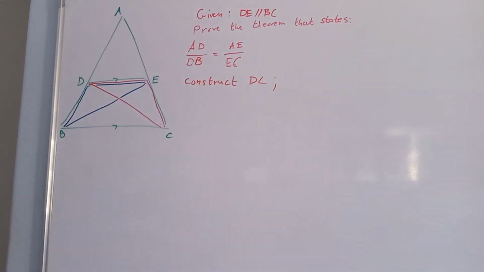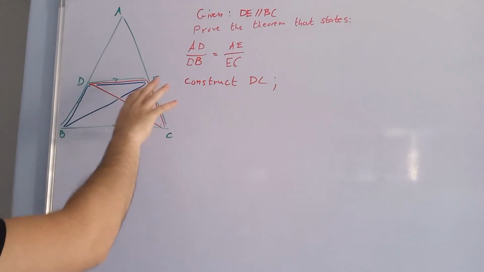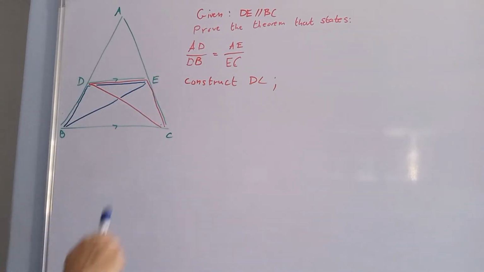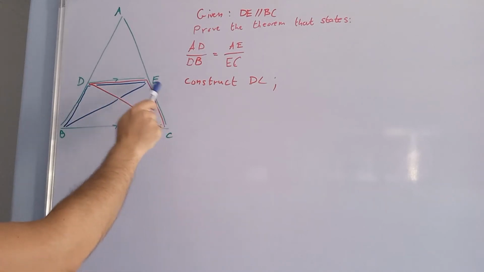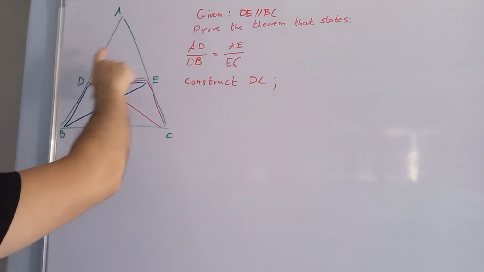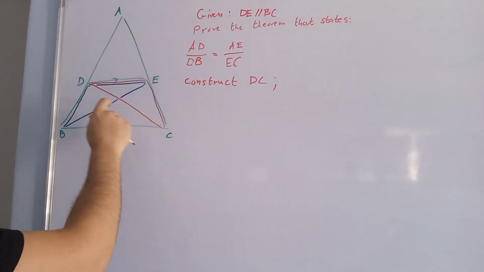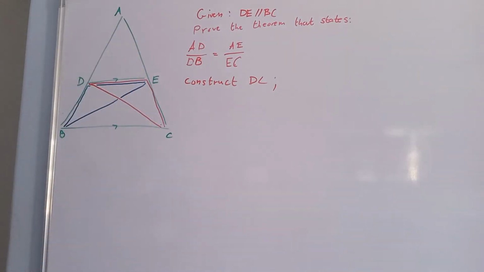I've constructed DC and EB, but I've also highlighted the two triangles that it makes: triangle DEC and triangle EDB. So rather than seeing this as two triangles left and right, we are going to see the top half and then these two triangles in the bottom half.